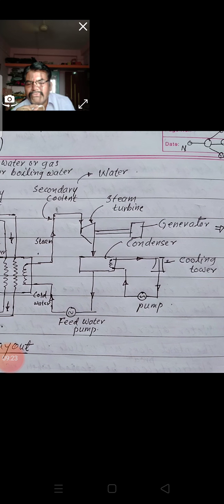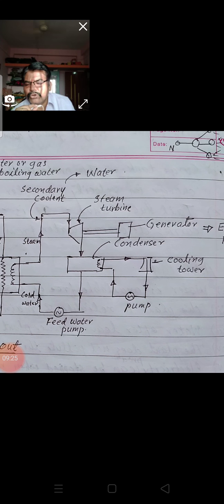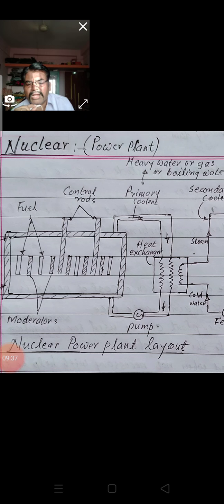Remaining all, the steam turbine, the condenser and the feed pump, remain the same. That is the big difference between the steam power plant and the nuclear power plant.